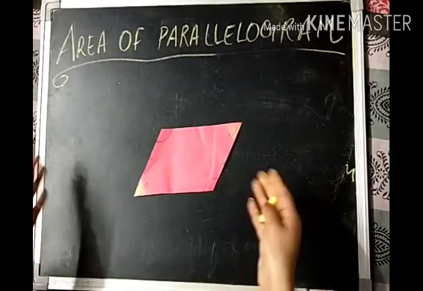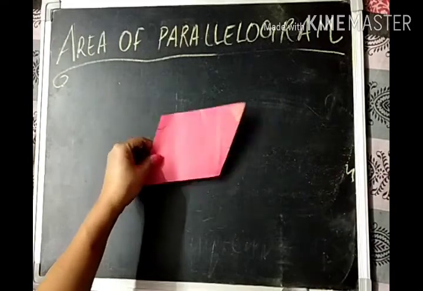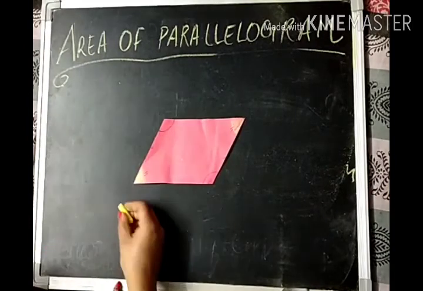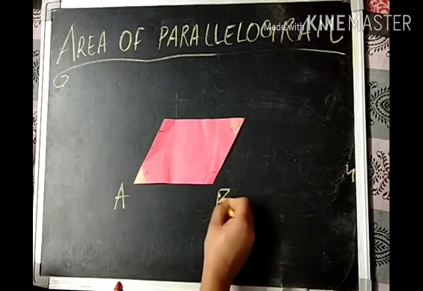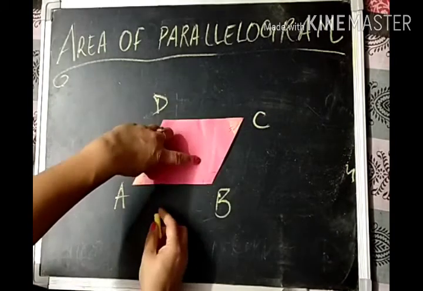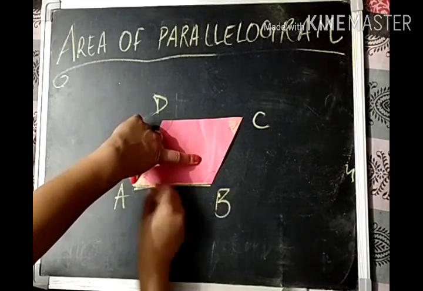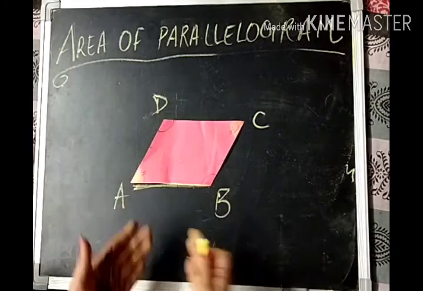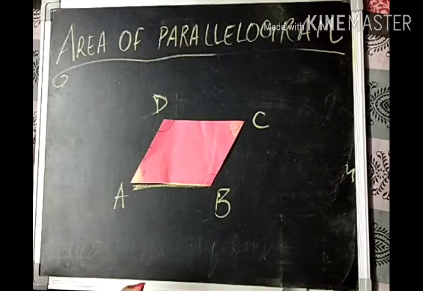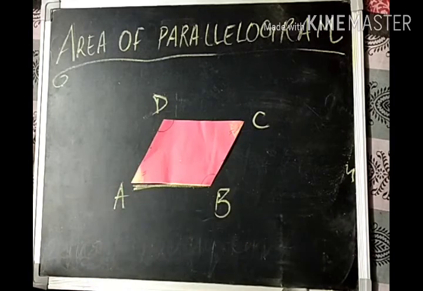Now while drawing it on paper, we can't always do it like this. So let us suppose this is A, B, C, D. If I say AB is the base, draw the height to this parallelogram. We learned that height is from the base to the peak. But here, how will we draw it?